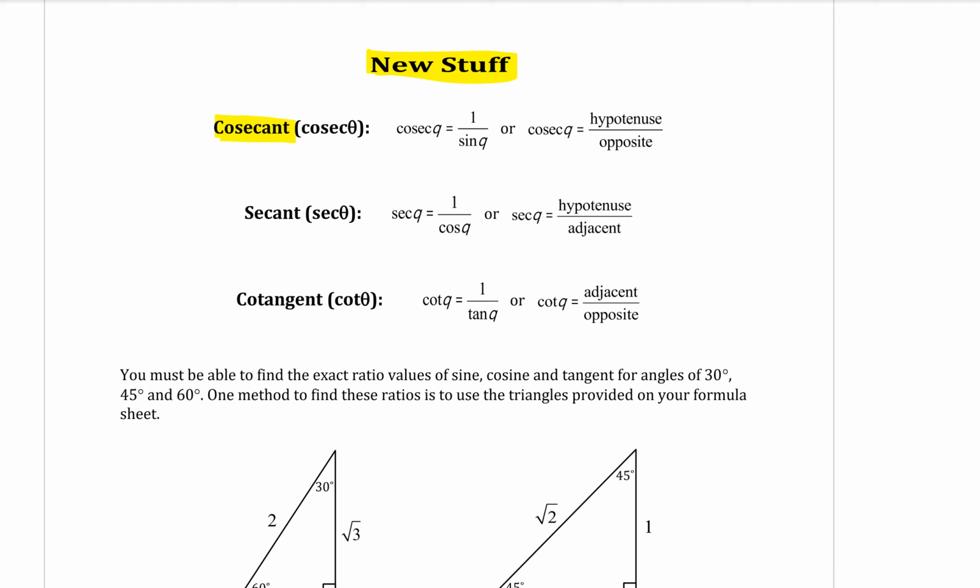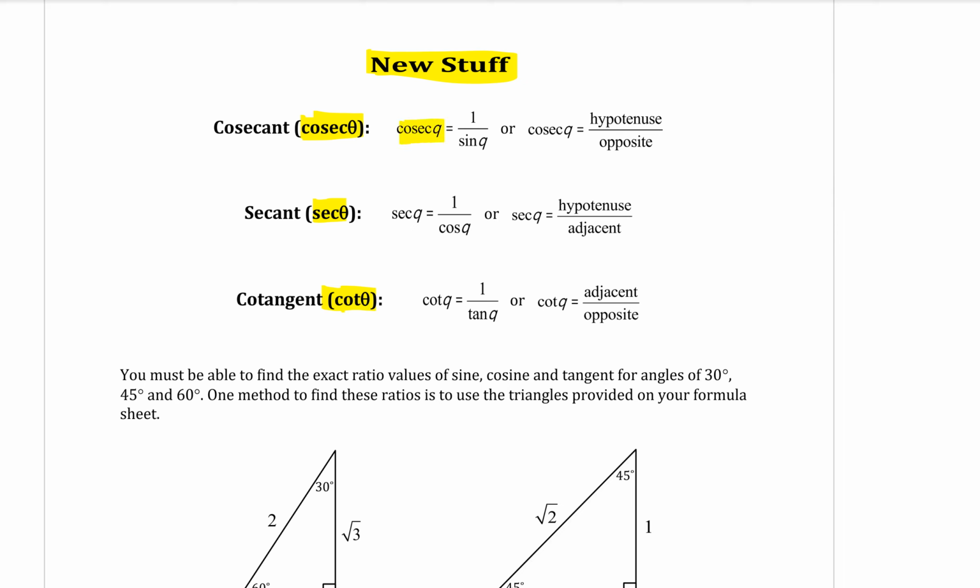And secant, which we shorten to sec, and cotangent, which is cot. So you're not really going to remember the full name, you're going to remember these: cosec, sec, and cot. Now, the good news is that they're not completely new. They are just reciprocals of the functions that we already know. So cosec is just 1 over sine theta.